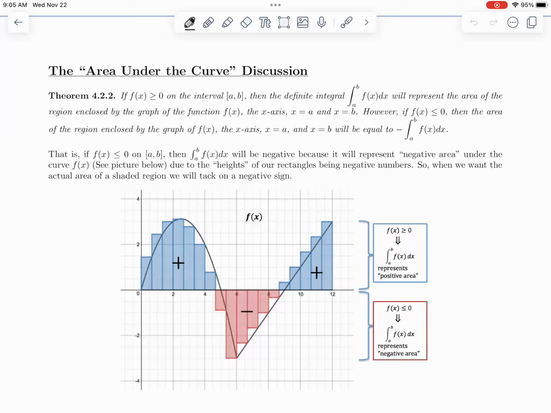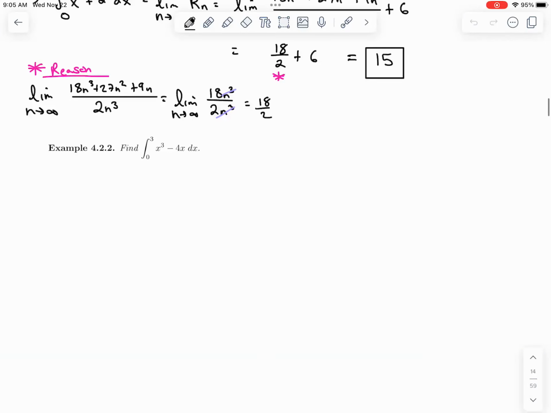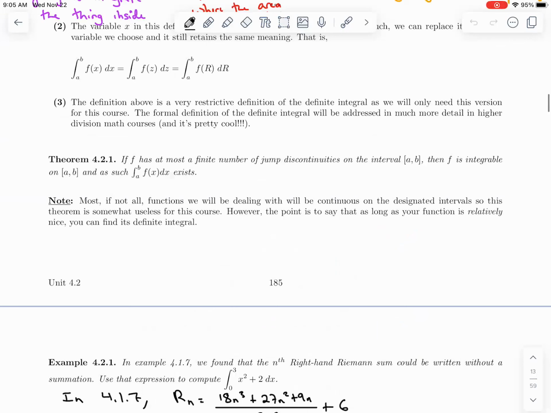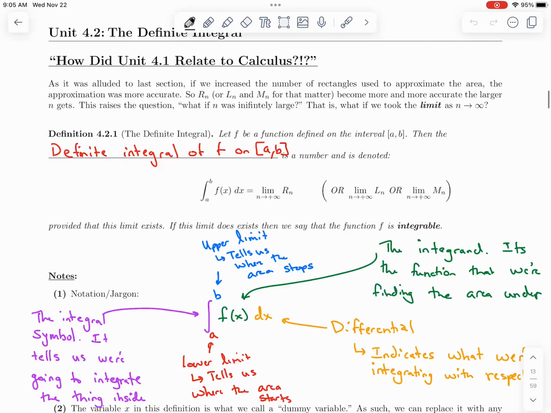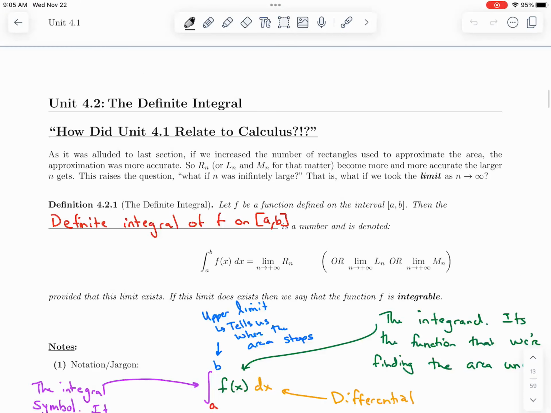So we left off with the quote unquote area under the curve discussion. This is a big discussion that we need to have about what it means to be area. If we know how the integral is formed, which we talked about before, the definite integral from a to b is equal to the limit as you make that Riemann sum, right-handed, left-handed, midpoint, whatever you want to do, as you make those rectangles become infinitely smaller.